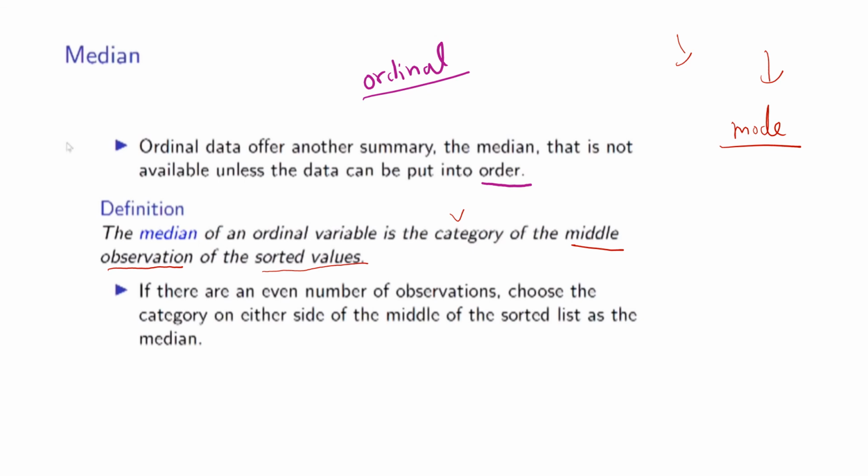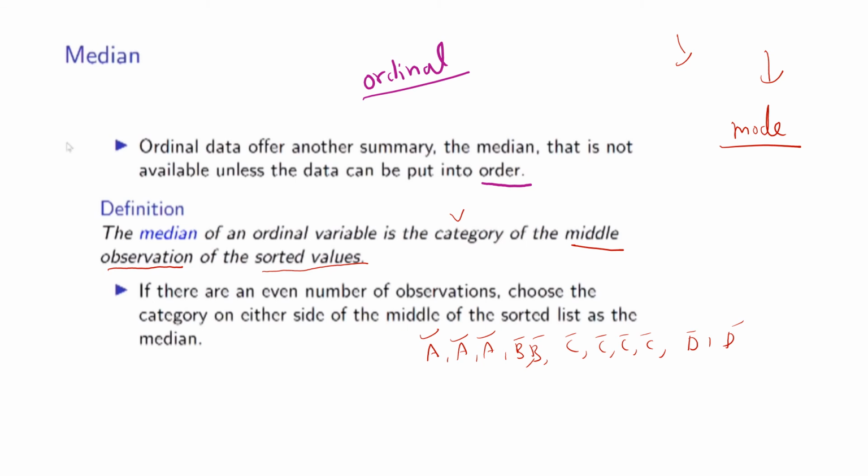We have to find the middle observation of the sorted values. If there is an even number of observations, choose the category on either side of the middle of the sorted list as the median. We should put our data in an order like A, B, C, D. How many are there? 1, 2, 3, 4, 5, 6, 7, 8, 9, 10, 11.